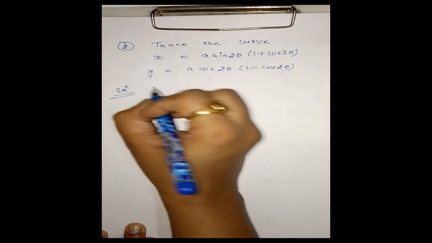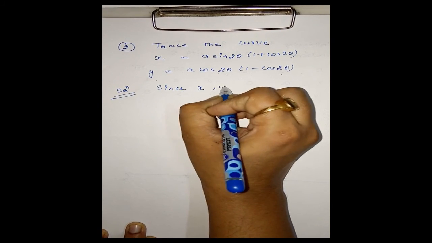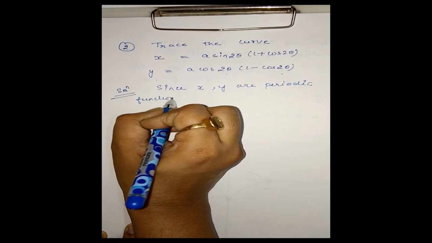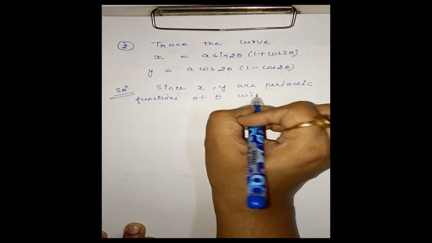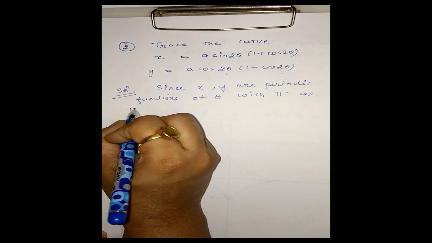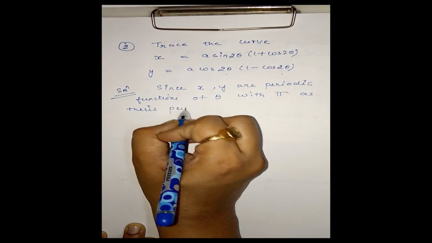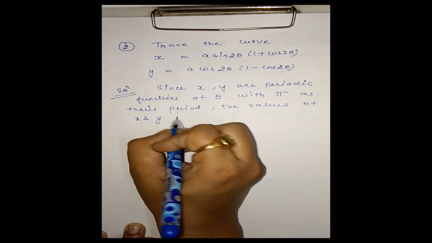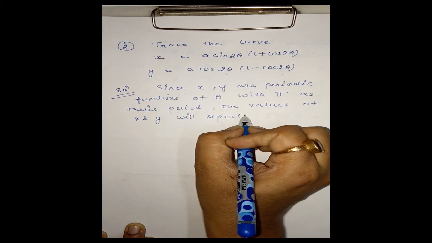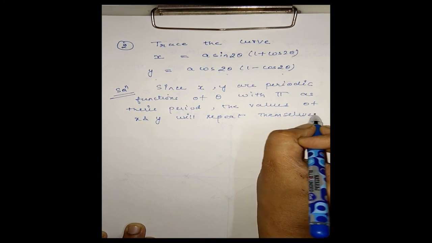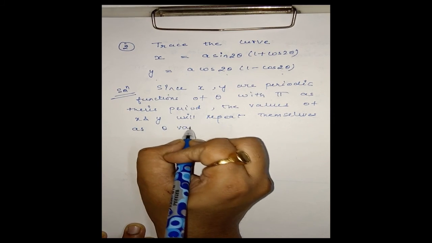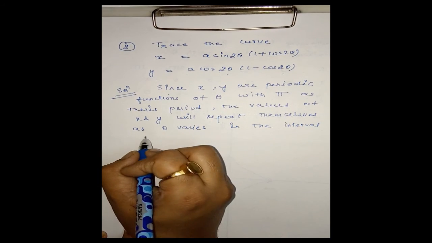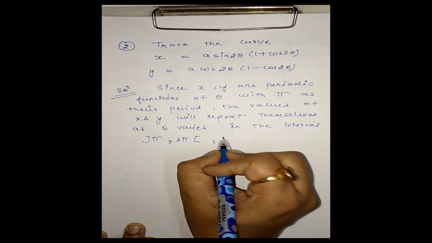Since x and y are periodic functions of theta with pi as their period, the values of x and y will repeat themselves as theta varies in the intervals pi to 2 pi, 2 pi to 3 pi.